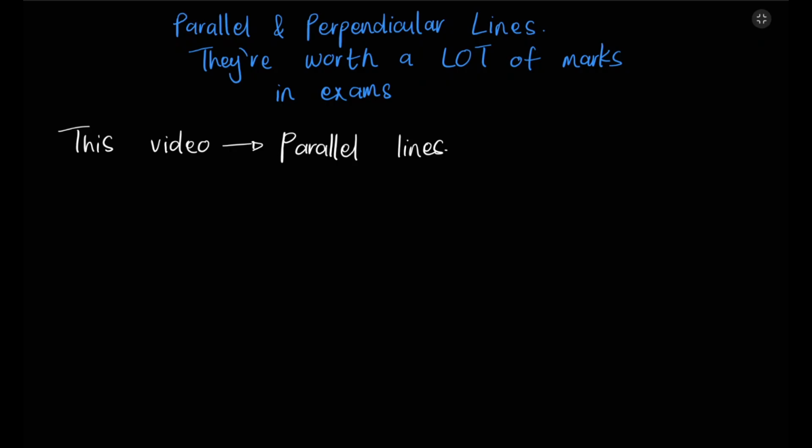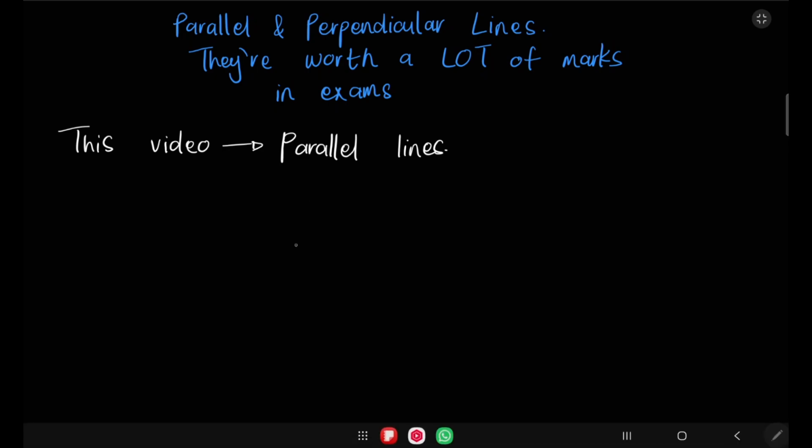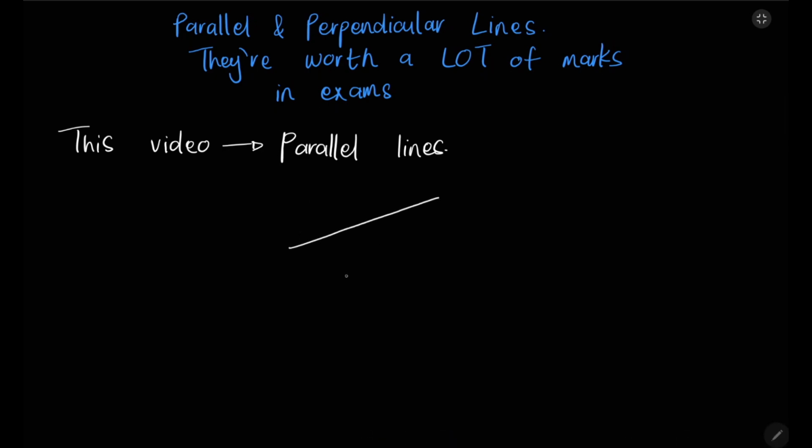So what are parallel lines? Parallel lines are lines that are always the same distance apart and never meet or cross each other. For example, if you have, let's say, this line and that line, they usually show you the two lines are parallel by using those two things.